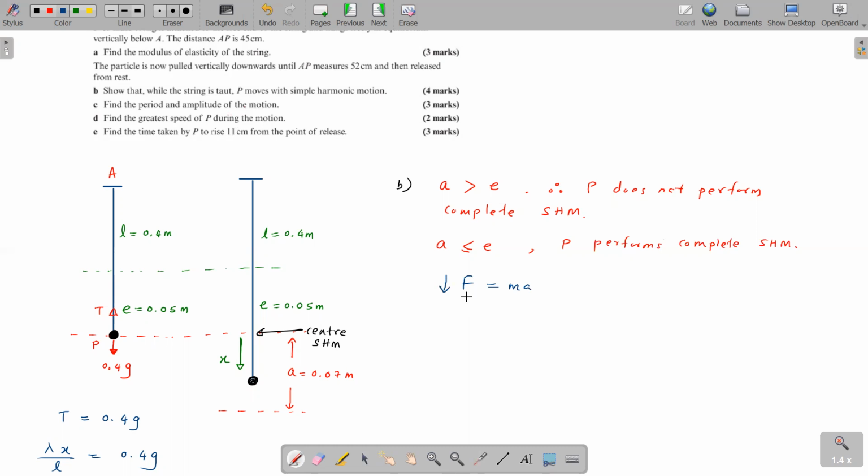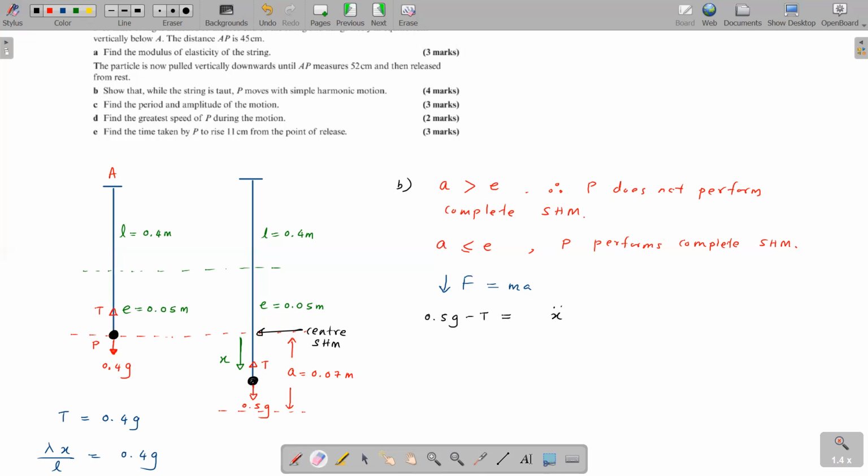So what are the forces? We have the weight, 0.5 g, and up we have the tension. So 0.5 g minus tension equals m x double dot. Guys, are you with me? Mass is given, right?